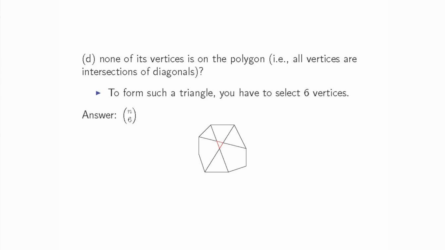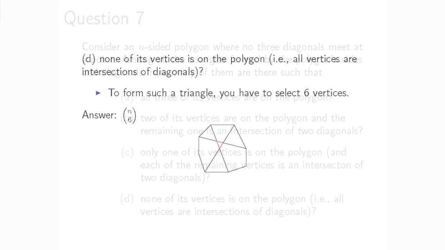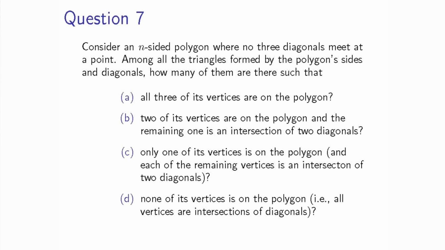And for the final case, none of the vertices is on the polygon. That is, all the vertices are intersections of diagonals. For simplicity, we claim that no 3 diagonals meet at one point.